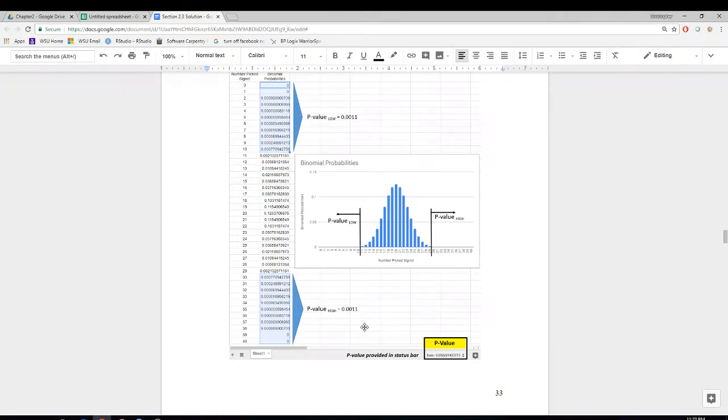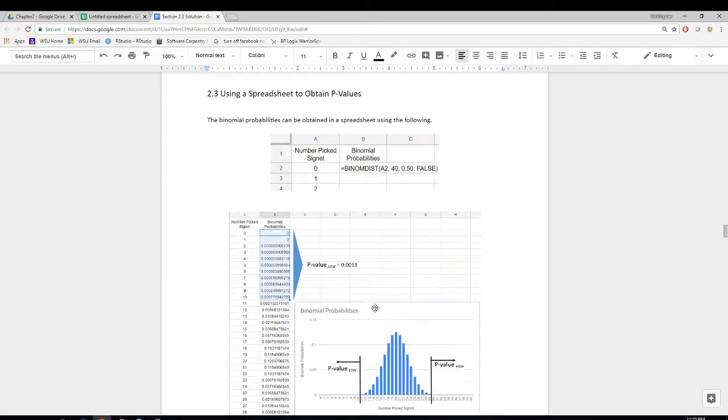One cautionary note, though: that only works on 50-50 examples. If you are different than a 50-50 example, then these two quantities aren't going to be exactly the same. They'll be close, but not exactly the same. So the two p-values put together are going to be 0.0022, if I add those together.